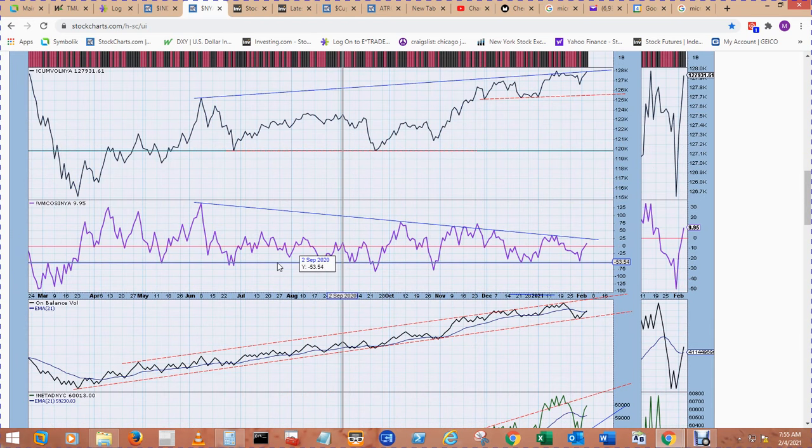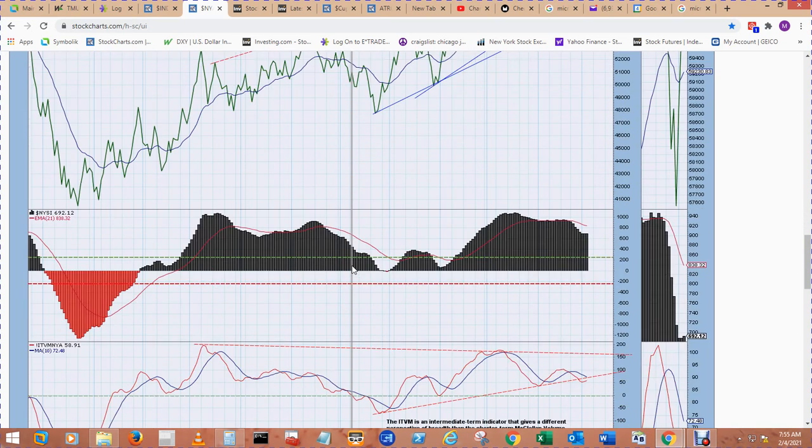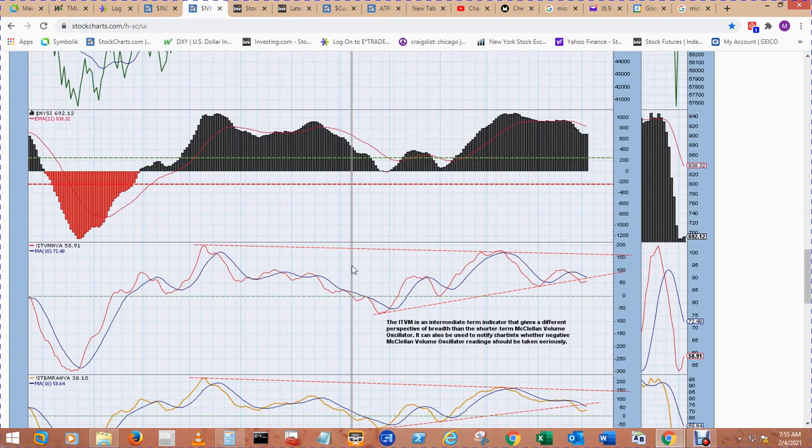So at that time on the 9th, it was starting to hit these two peaks right here, and below zero, and that's when the intermediate term volume oscillator breached zero, and that's a good indication of a downdraft.